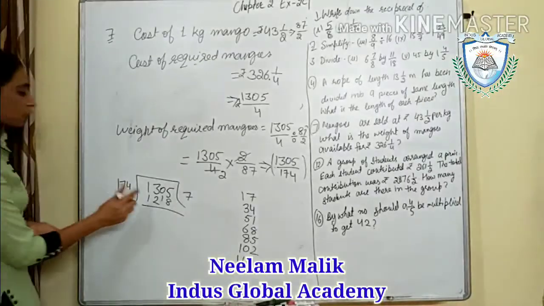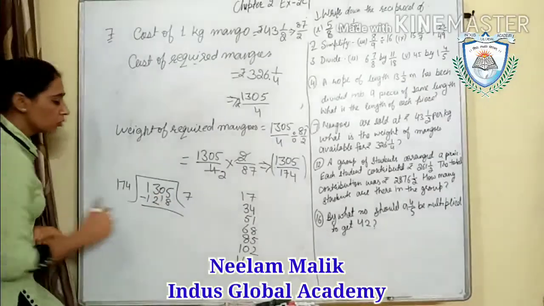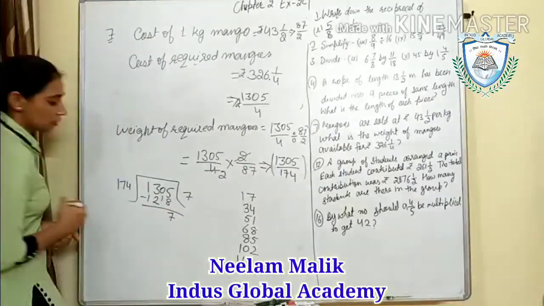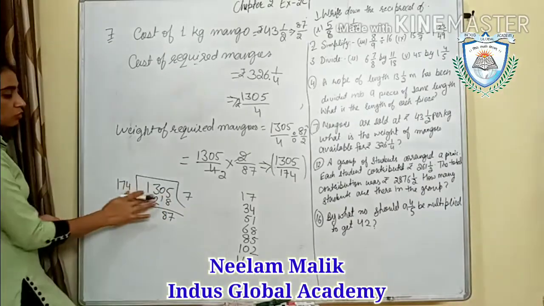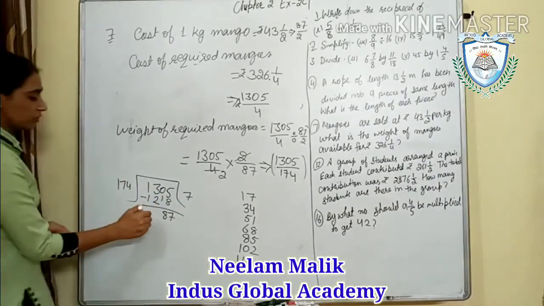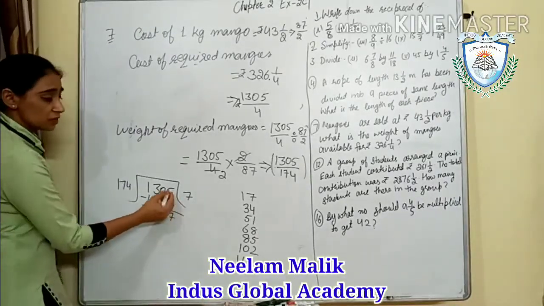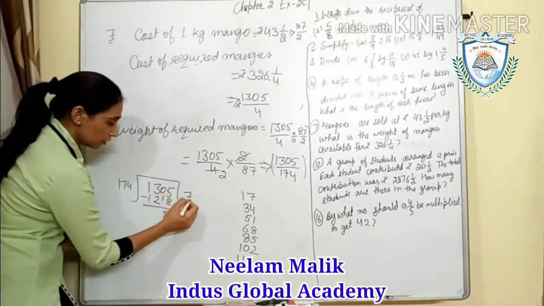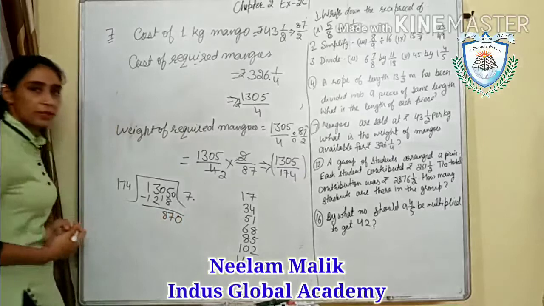Okay. So now we will subtract this from 15. 8 will go. What will you get here? 7. Okay. Now there is 9. Here will be 8. Now this is 12. 12 minus 12 will be 0. Now there is nothing. Okay. So we will put here a point and 0 like this.